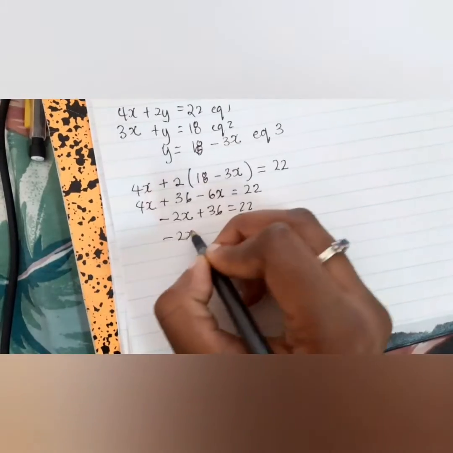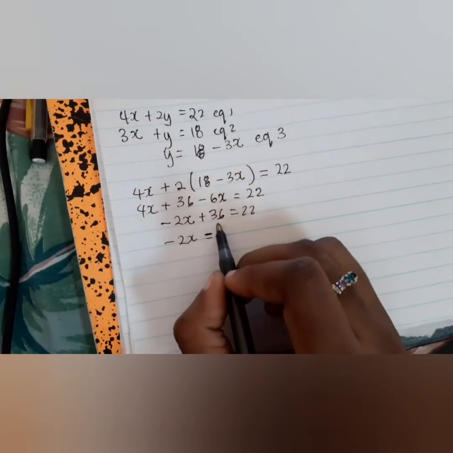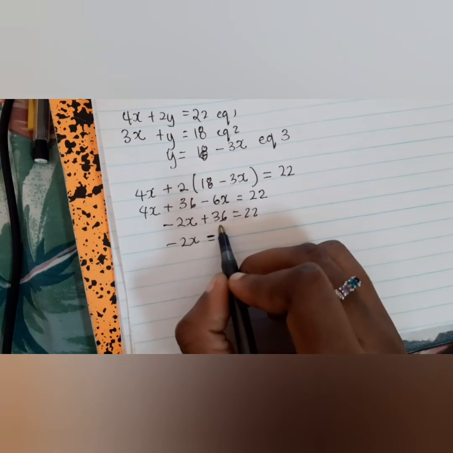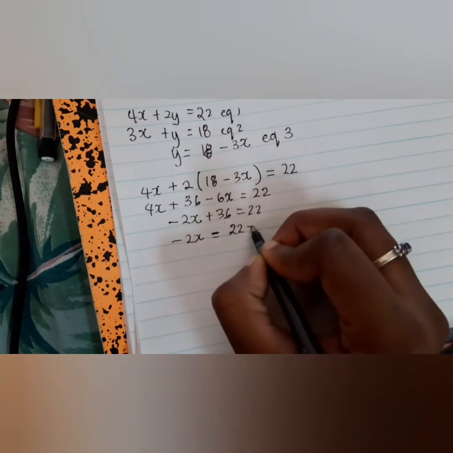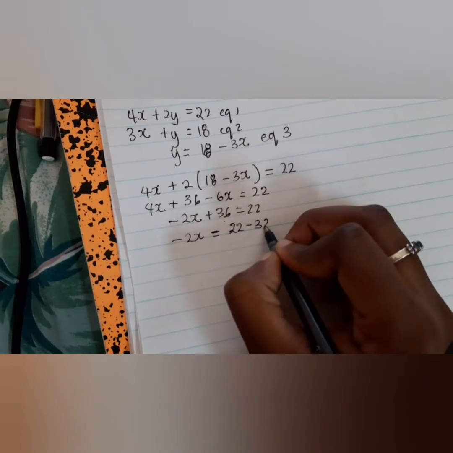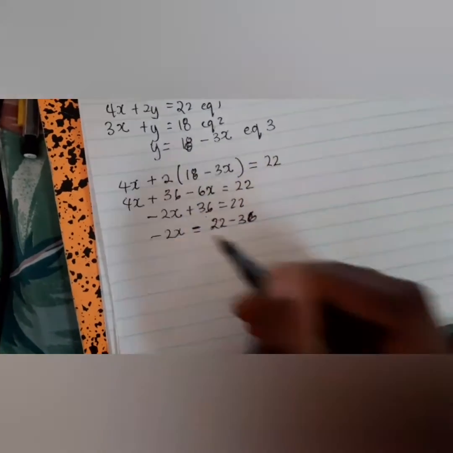So minus 2x is therefore equal to 22 minus 36. You see what happens? You bring 36 over, and that becomes negative.